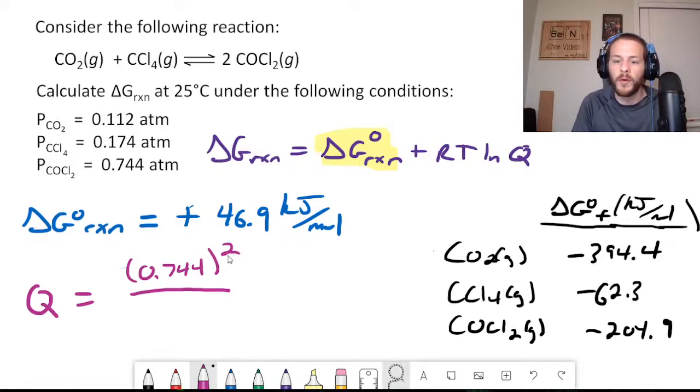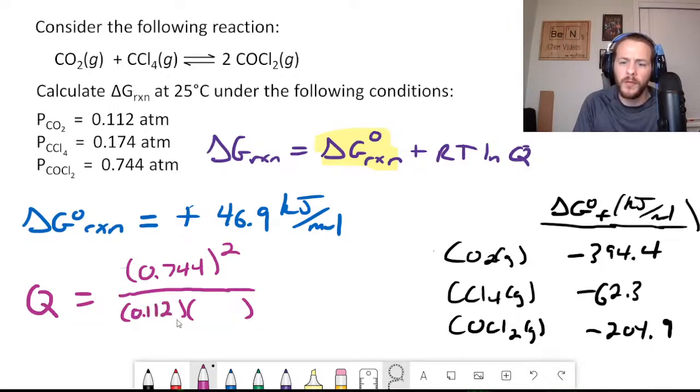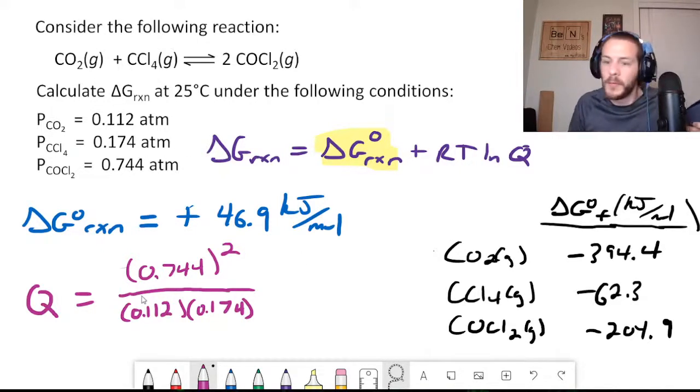We divide that by the product of the partial pressures of CO2, 0.112, and carbon tetrachloride, 0.174. Both coefficients are 1, so we just leave them alone.